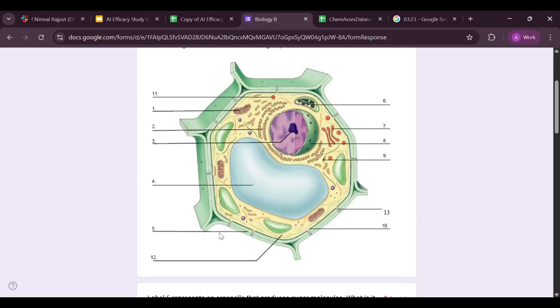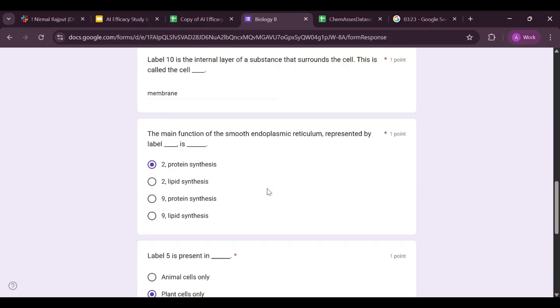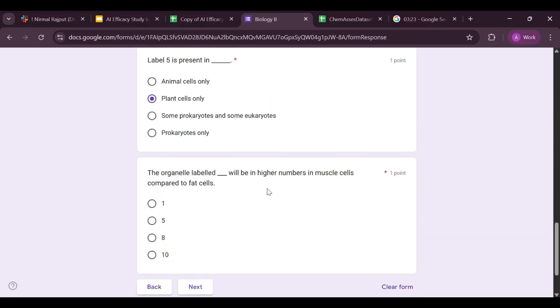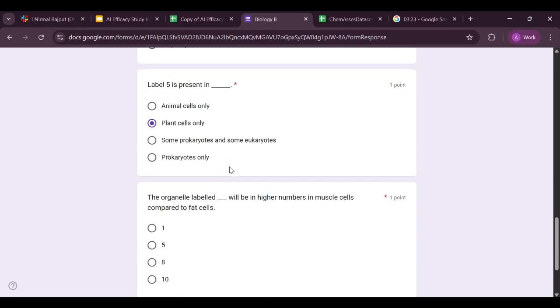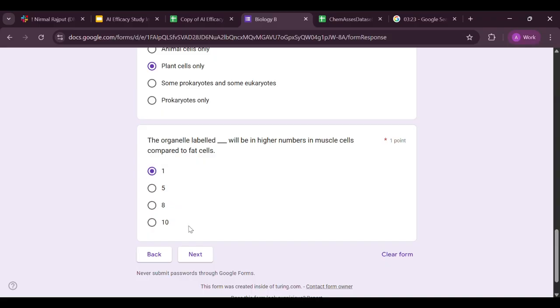Which is 5? 5 is this. The other options are 8 and 10. 8 is a single component, so no, and 10 is also there. So I am going with 1 over here based on our guess. We will check whether it is correct or not later in this video.